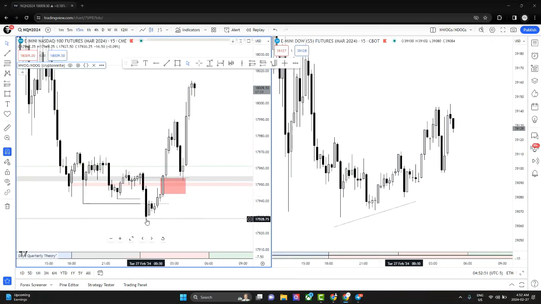Just look at this. Look where we had this low form, right here. If you're really cheeky, you could literally go in right here and just look for an entry here, right? So we had price trade below sequential SMT on the new day opening gap, then price traded above, right? Drop back, dip a bit below the new week opening gap, right?